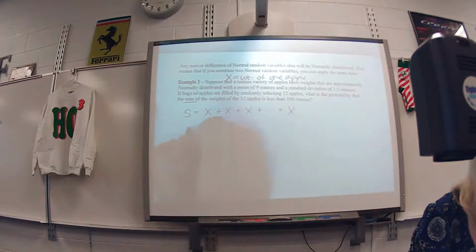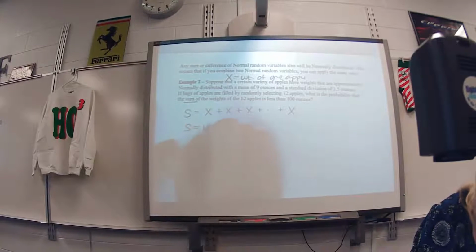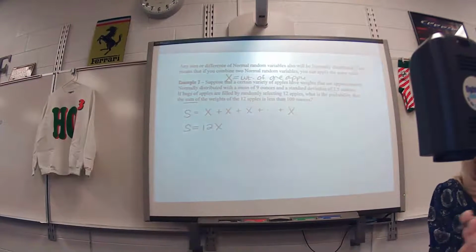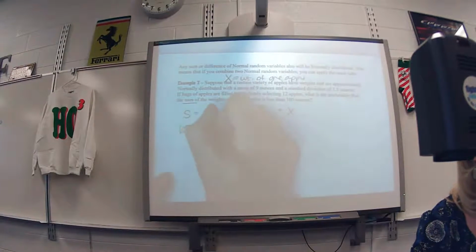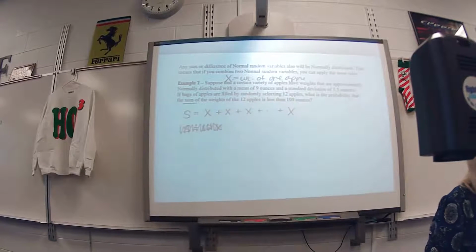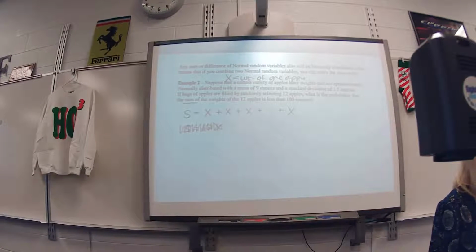And a lot of people are tempted to just say, I'm going to call that S equals 12X, and that's transforming a random variable. And no, it's not. It's actually combining random variables because every apple is its own random variable.